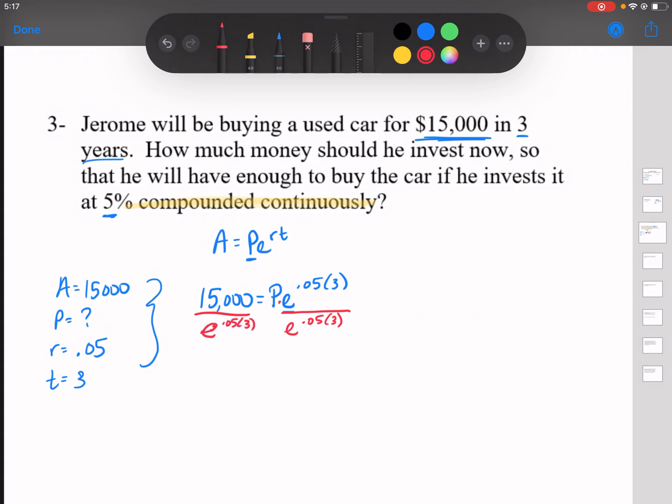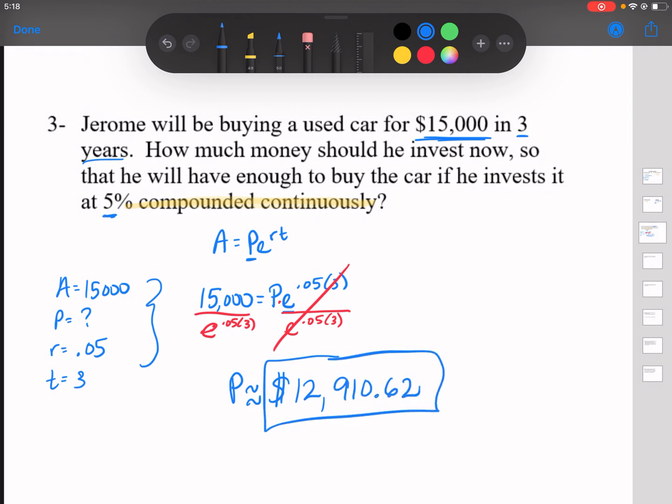And that gets rid of that, and you'll just type that into a calculator. And when I type it in, I get $12,910 and about 62 cents. So that's how much he should put in now so that in 3 years he'll have $15,000 in the bank.